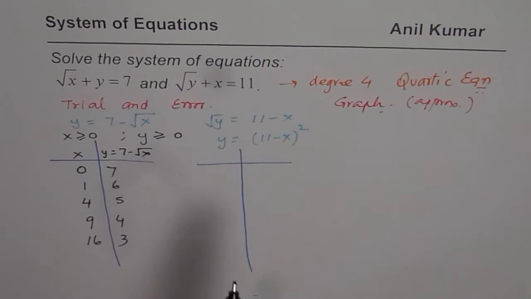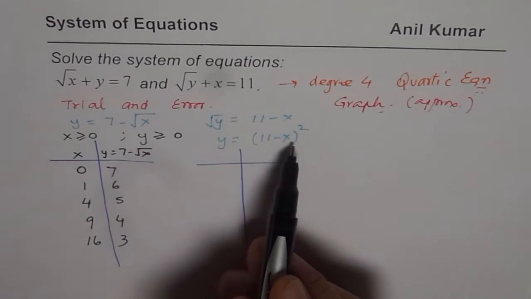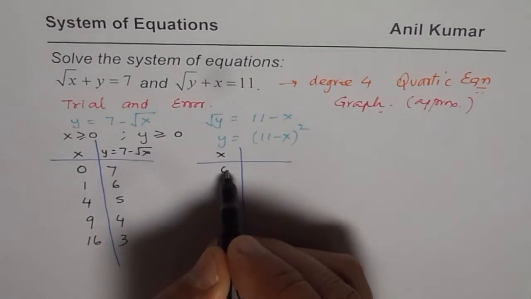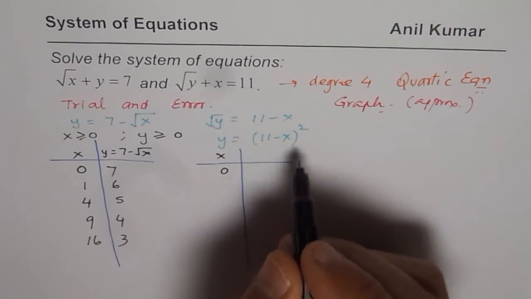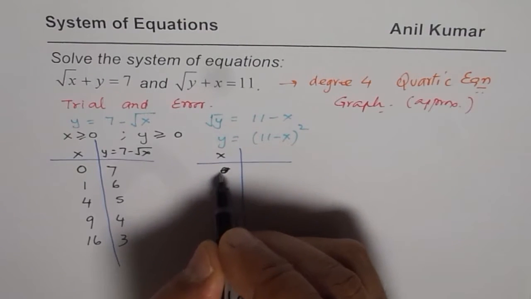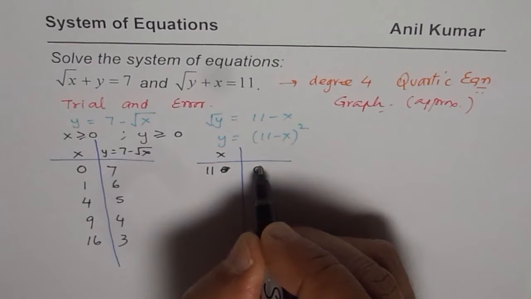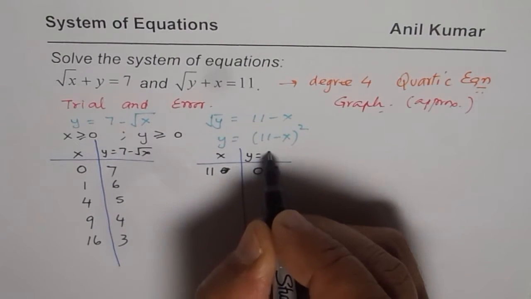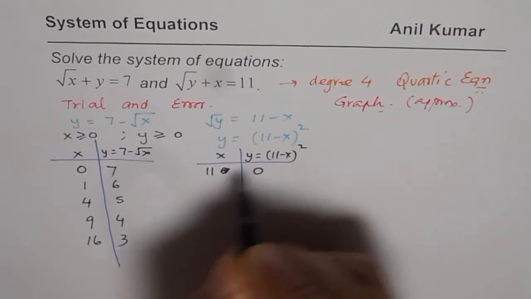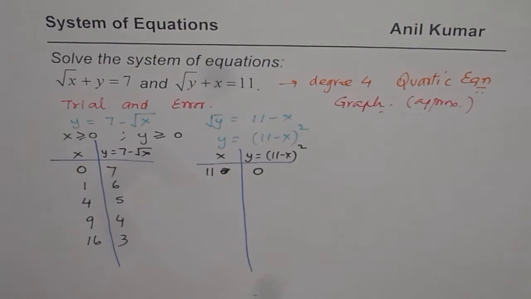Now let's get into the next equation, y equals 11 minus x whole square. Let's take x as 11. So 11 minus 11 is 0. That's a good value to take. So we get y equals 0.